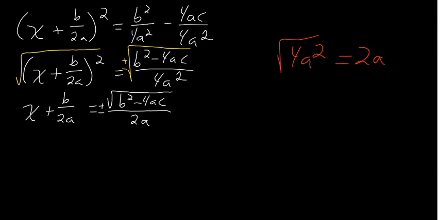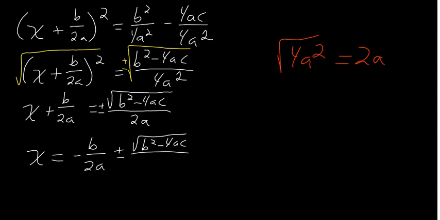Okay. All right, next I'm going to subtract a negative b from both sides. So I'll have x is equal to a negative b over 2a plus or minus the square root of b squared minus 4ac all over 2a.